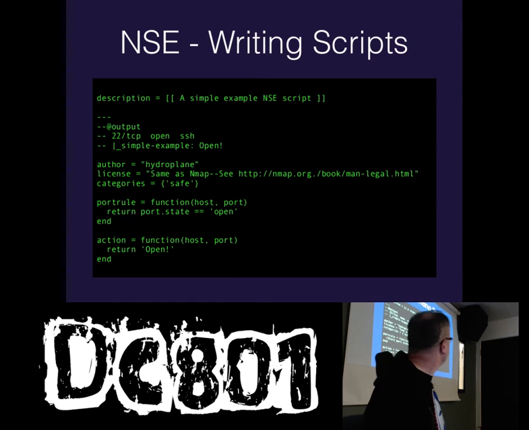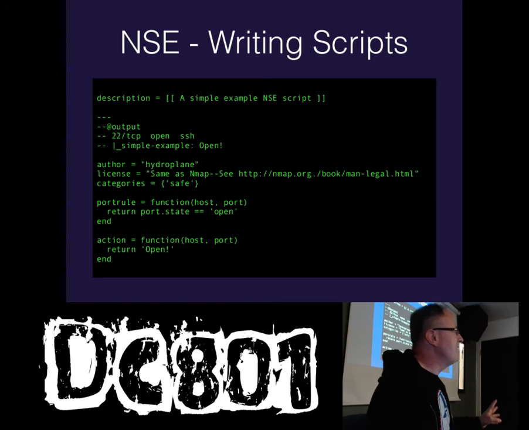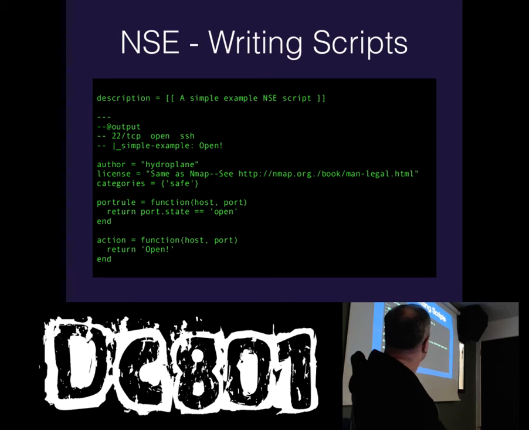Now, I wrote this script, the simplest one I could think of, but it has no real meaningful functionality, but it does show you the composition of a script. Basically, you have your metadata at the top, from description to categories. Then you have your rule, the thing that must be evaluated to true, and then what it will do.